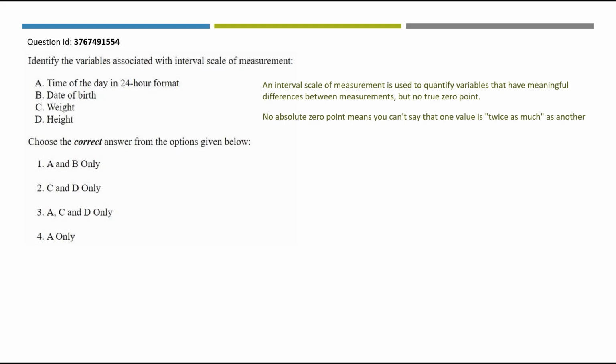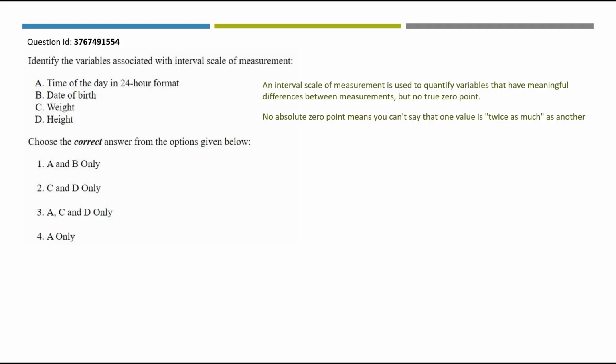No absolute or no true 0 point means you can't say that one value is twice as much as another. Let's take the time of the day in 24-hour format. Can we say this time is twice as that time? It's not meaningful. Let's take date of birth. Can you say this person is twice as that person? You cannot. Maybe for age we can say, but not for date of birth.